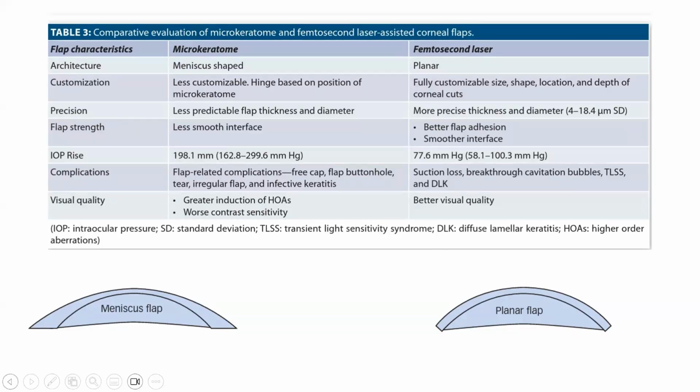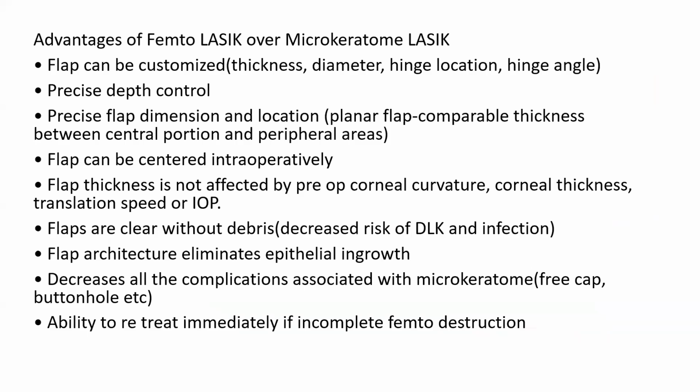Whereas in femtosecond laser, the IOP rise is somewhere around 50 to 100 mmHg, depending on the platform that is used. So in general, the microkeratome gives us a greater induction of higher order aberrations and worse contrast sensitivity, whereas the femtosecond laser gives us a better visual quality.